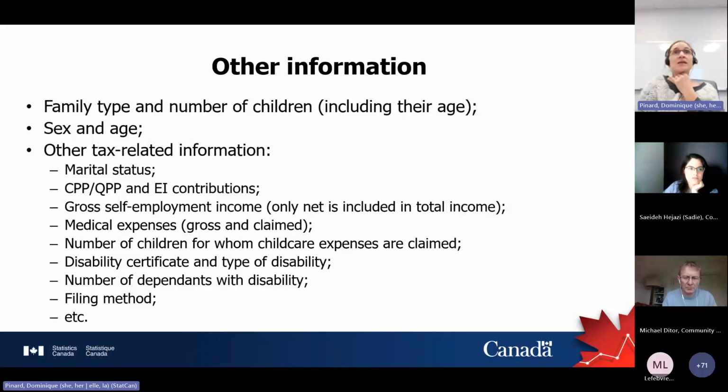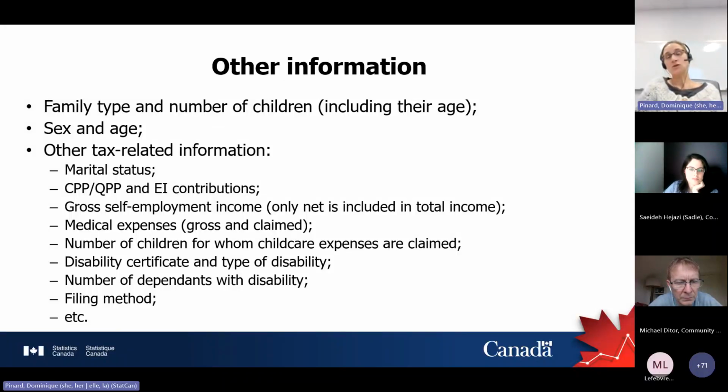So the TIF doesn't have the immigration status for the moment, so citizenship status is not available on the TIF. This information is available at Statistics Canada. We're working on a project to include that information. That being said, there's a subproduct of the TIF that I'm going to talk about, the Longitudinal Administrative Data Bank, that contains that information.